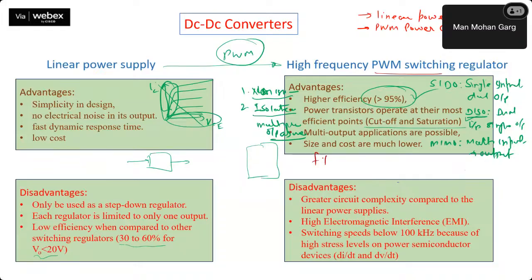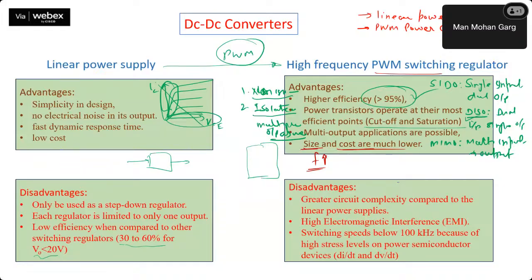And if we increase the frequency, then the size and cost become smaller, right? That we have seen throughout this FDP. Further, because power losses are less, heat dissipation will be less, so the heat sink requirement is less. That's why these converters are compact.